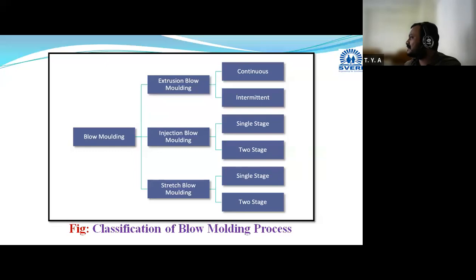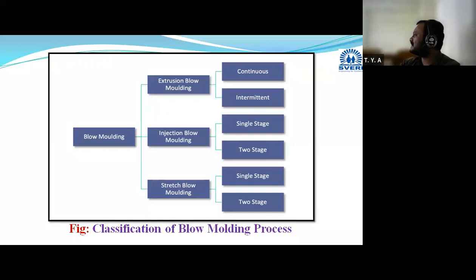Changeover time means suppose now with the help of that setup, I am manufacturing one product. Now I want to manufacture another product with a different shape. Then I have to make some changes. Whichever mold cavity or die is there, you have to change it. The time required to do that, if you want to manufacture another product, will be termed as changeover time.